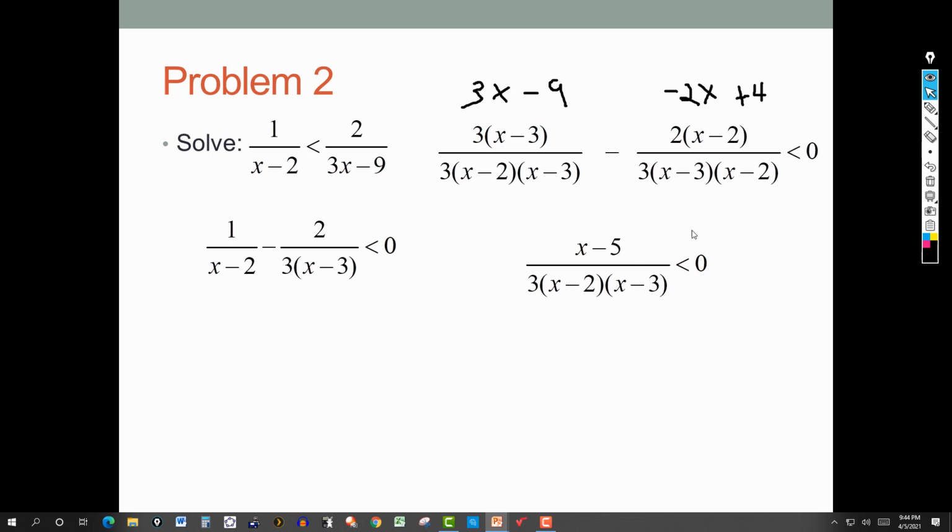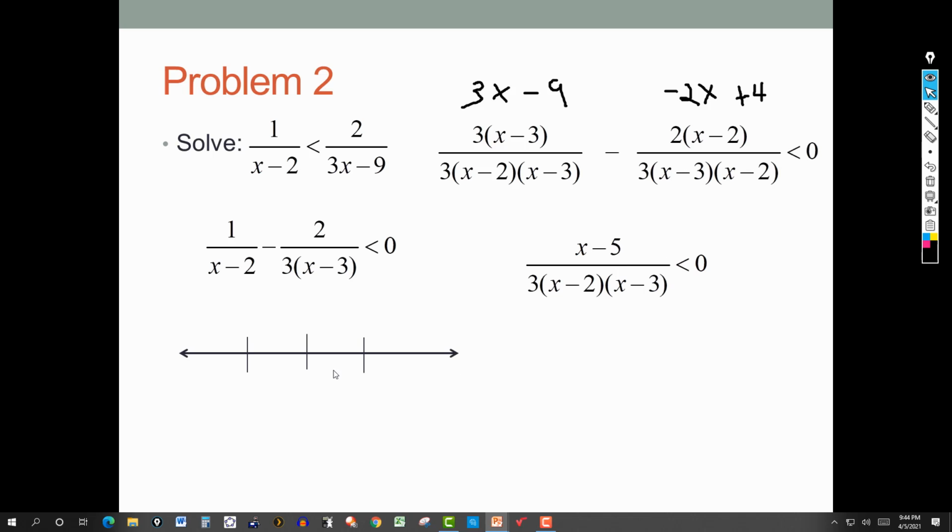So you can see the denominator is 0 when x is 2, x minus 2 is 0 when x is 2. Okay, and this factor here is 0 when x is 3, so we're looking for the numbers that make either the numerator or the denominator 0. X minus 5 in the numerator will be 0 when x is 5. So the numbers we want on the number line are 2, 3, and 5.